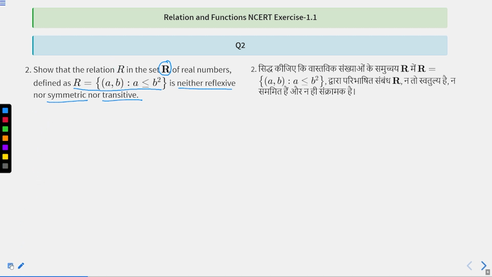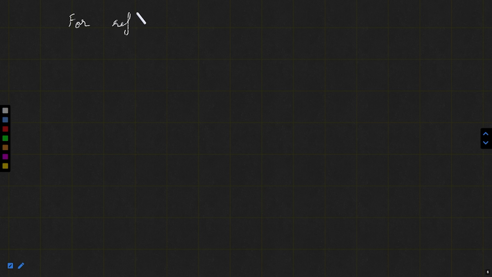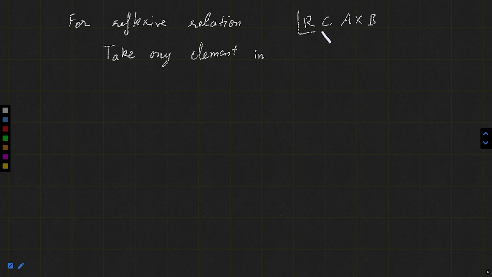So for reflexivity, if you recall, for a reflexive relation, if my relation is from A to B, that means R is a subset of A cross B. Then take any element in the first set of the Cartesian product, say I am taking the element a.